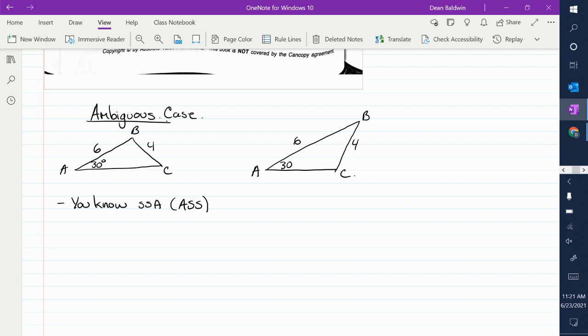Okay? If you have angle side, then you can have the ambiguous case. All right? Then you may have two possible triangles. May, not always.